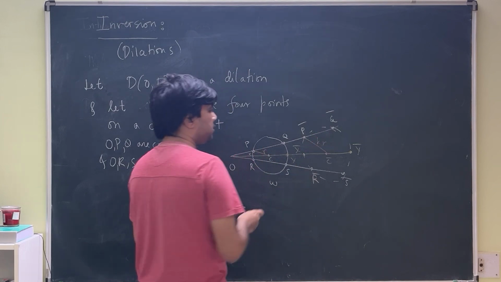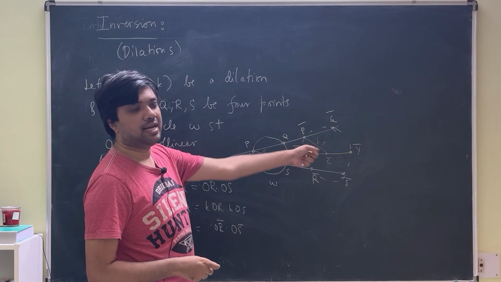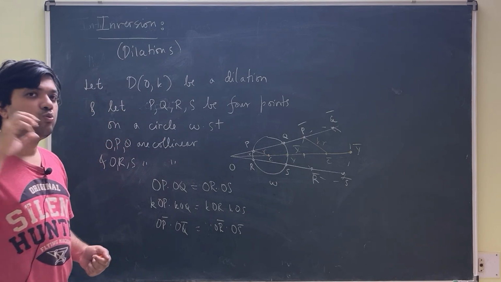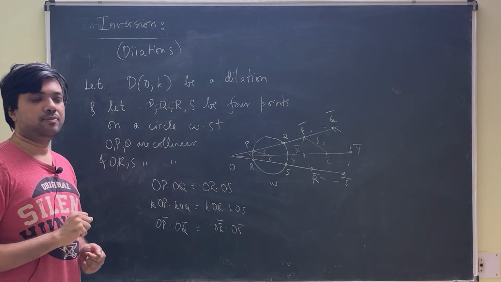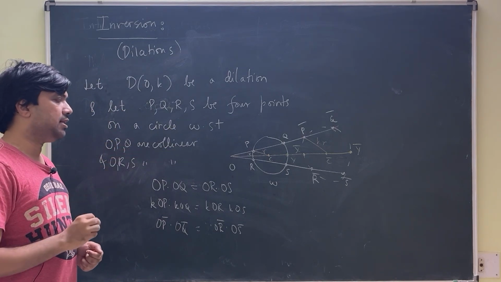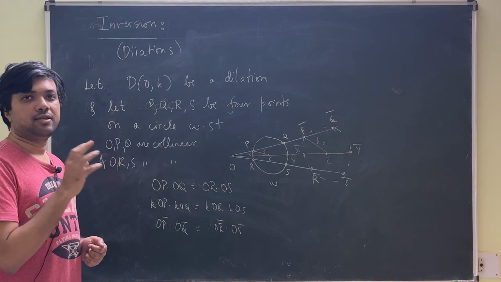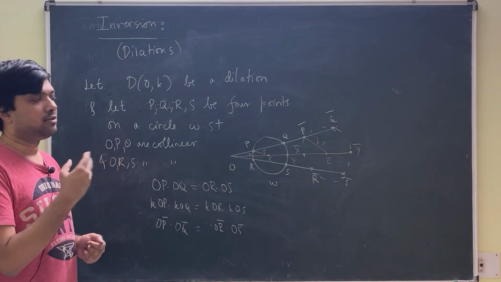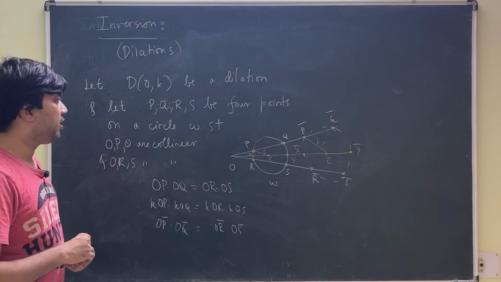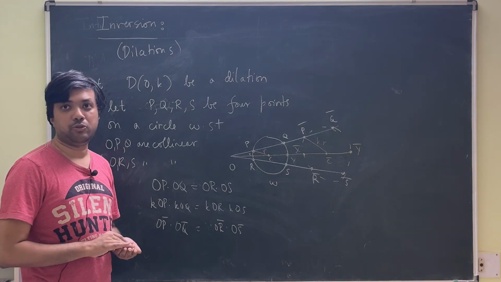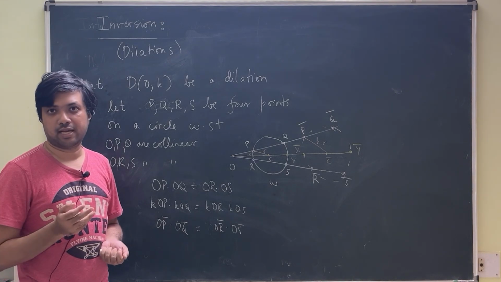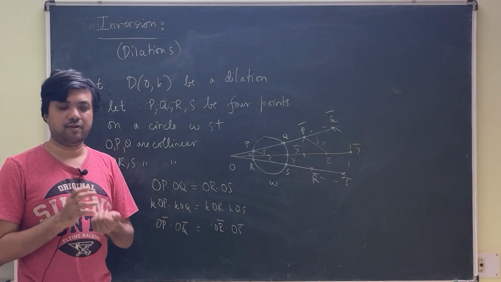If the radius here is R, the radius on this side is K times R. So when you dilate a circle, the center goes to the center and the circle's radius becomes K times the original radius. All right, so this is a fact that will be extremely useful for us in the second inversion part, the last remaining inversion thing to prove.